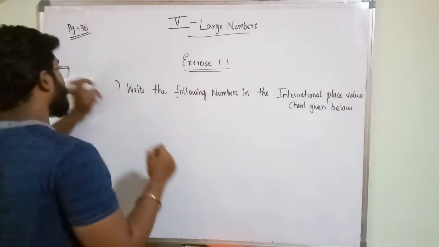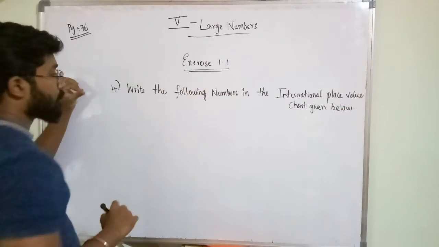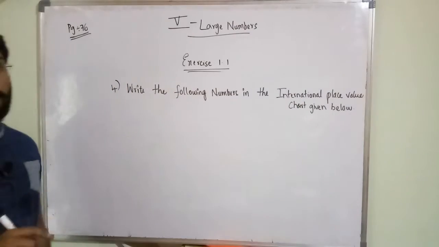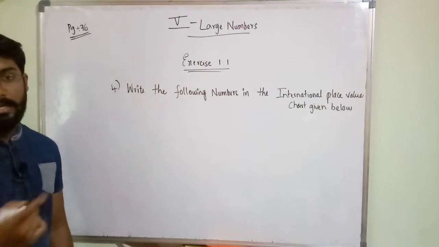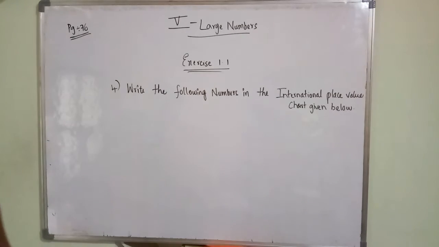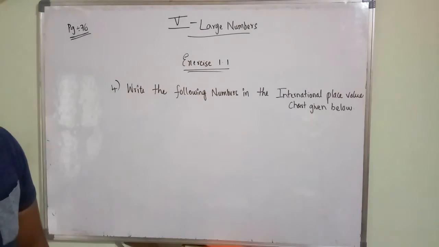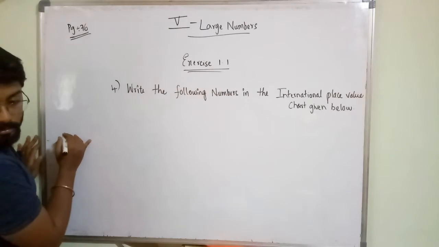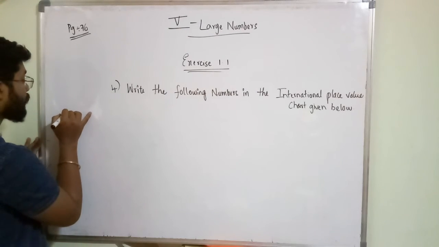What he is saying is: write the following numbers in the international place value chart given below. Just now we have looked at Indian, now we have to look at international. So here you are having ones, thousands, millions, billions. Here we have to write numbers.